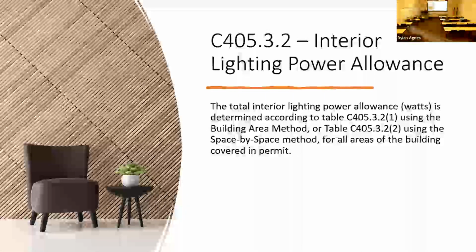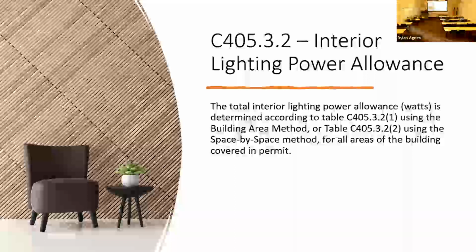So now, in addition to that, you want to calculate the power allowance that is determined in the following tables. There are two methods, the building area method and the space by space method. The building area method is pretty straightforward, general, and it works pretty well. Gives you quite a bit of an allowance.